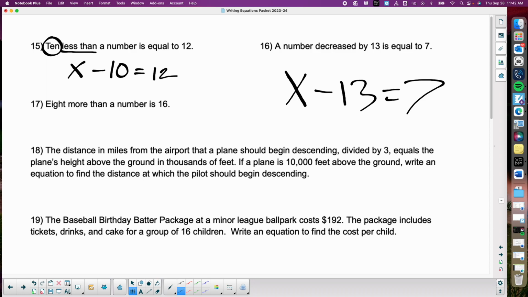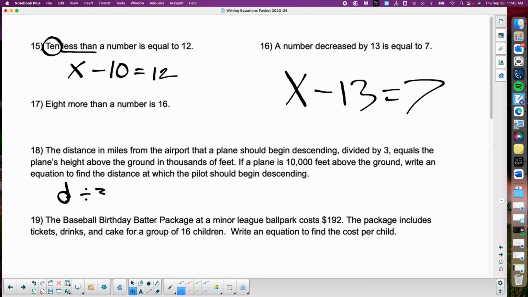The distance in miles from the airport that a plane should begin descending. So that's a super long sentence that actually is just saying one thing. That's like the distance away from the airport. So we're going to write down distance or D, whatever you would like to put. Okay, excellent. And then it says comma divided by 3, which is literally telling you what to write next.